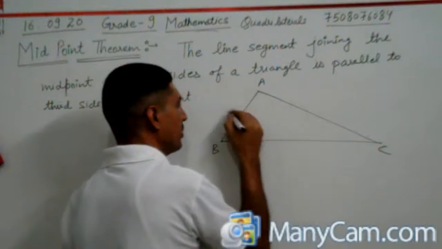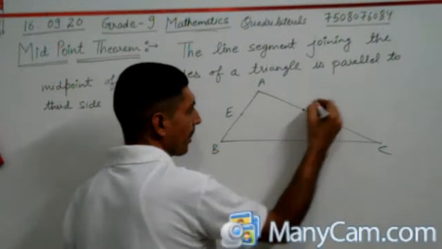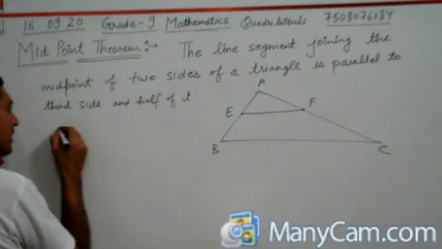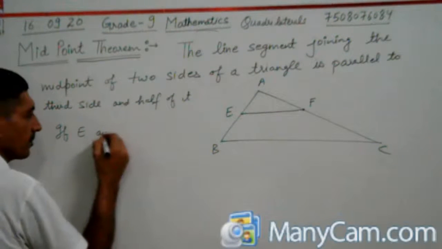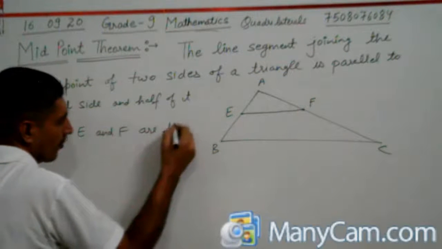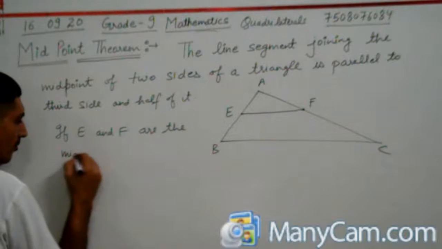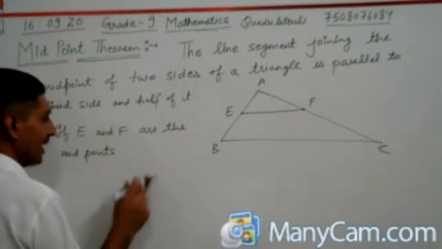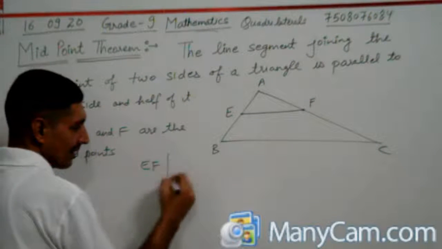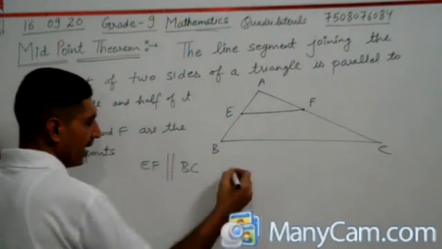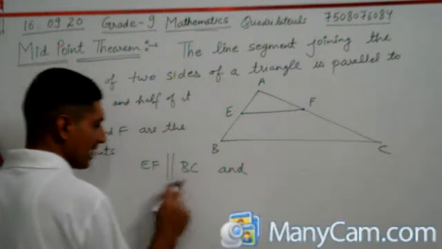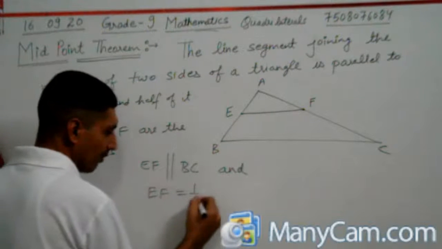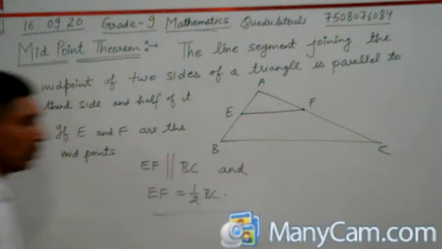Let's choose the midpoints E and F. Join E with F. So the midpoint theorem says that if E and F are the midpoints of two sides, then EF is parallel to BC, and EF is equal to half of BC. This is the statement of your midpoint theorem.